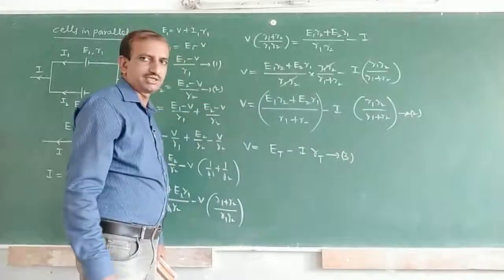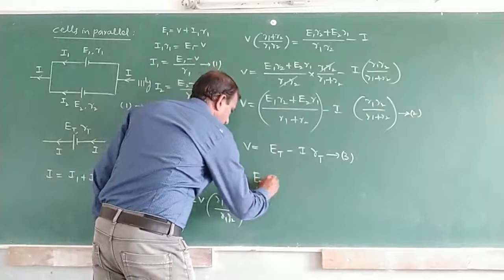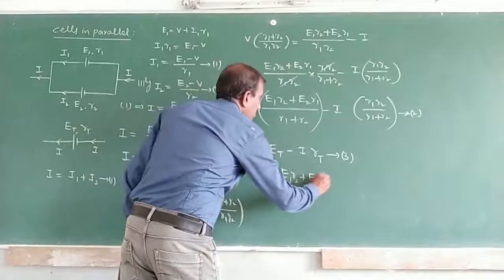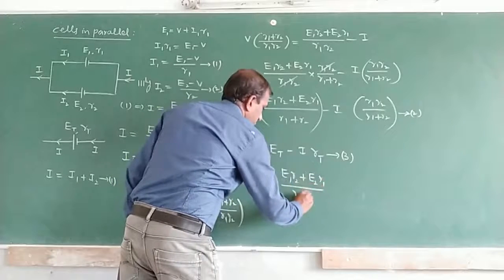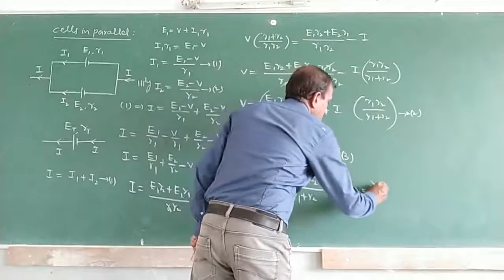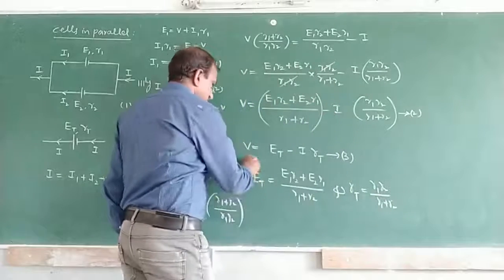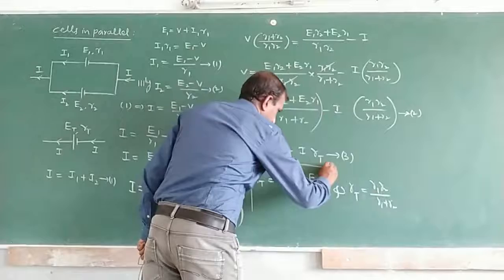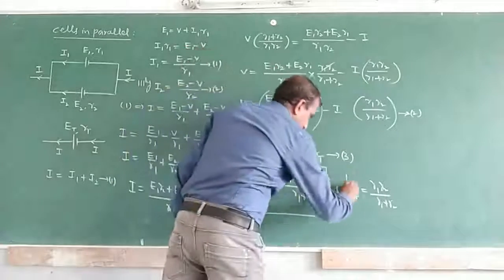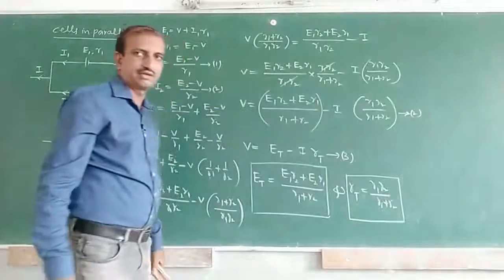Comparing equations 2 and 3, E total is equal to E1 R2 plus E2 R1 divided by R1 plus R2, and R total is equal to R1 R2 divided by R1 plus R2. This is the expression for the effective EMF of two cells connected in parallel, and this is the effective internal resistance of two cells connected in parallel.